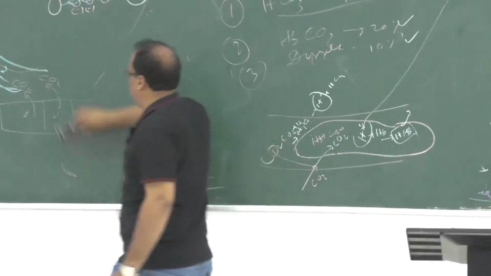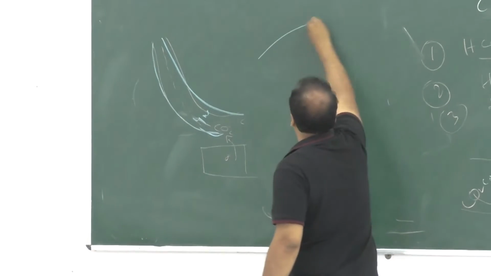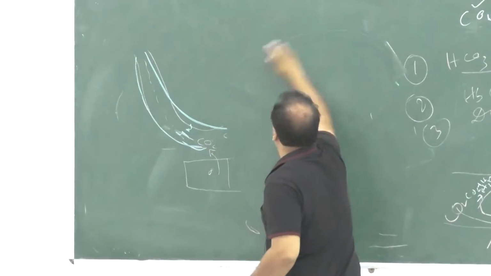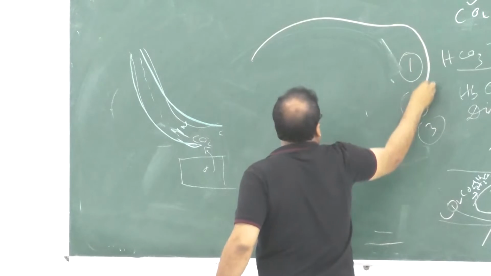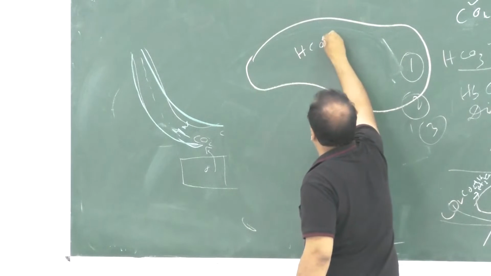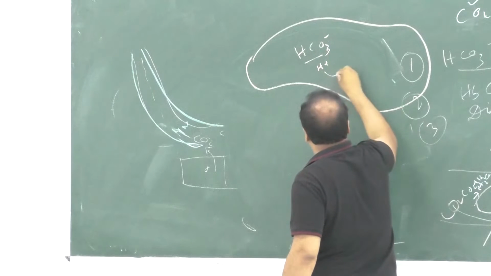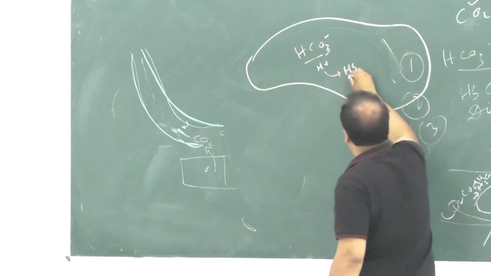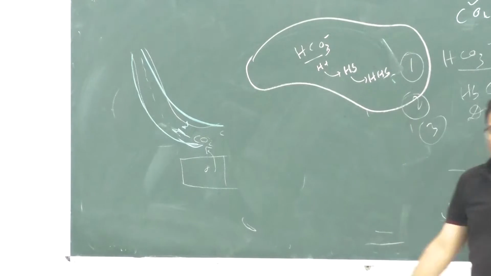Let me draw the RBC a little bigger. So suppose this is your RBC, red. Here HCO3 minus is forming, and H plus has been formed, which is bound to hemoglobin to form HHb, right?